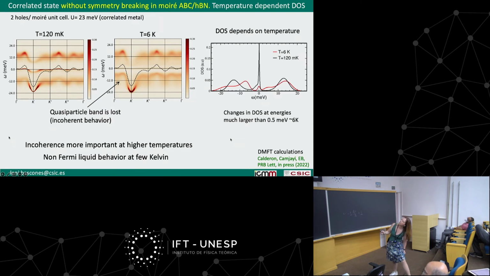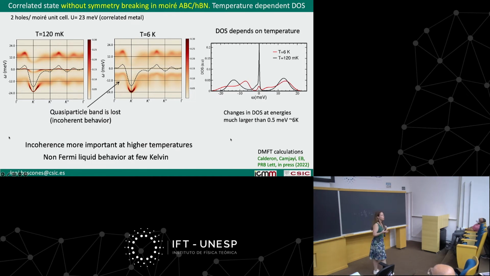Now we increase the temperature, and we see that our band is completely gone. You can see it also in the density of states. So what we expect is that at a few Kelvin already in our system, we are losing this coherence band, this more standard band.